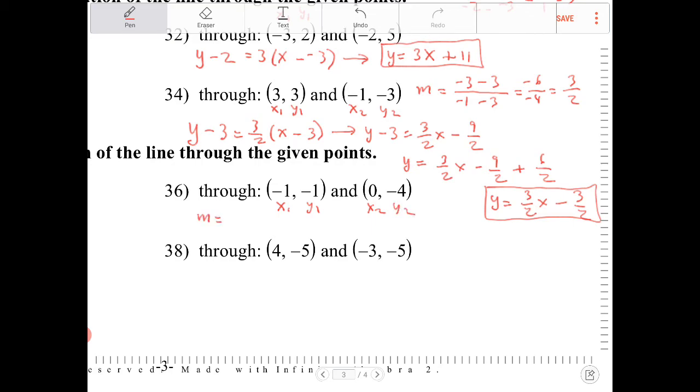M is equal to negative 4 minus negative 1 over 0 minus negative 1. So this is actually going to equal negative 5. The slope is equal to negative 5. And all I got to do is y minus negative 1 is equal to negative 5 times x minus negative 1. And you can actually leave your answer like that. This is a perfectly fine answer to leave.